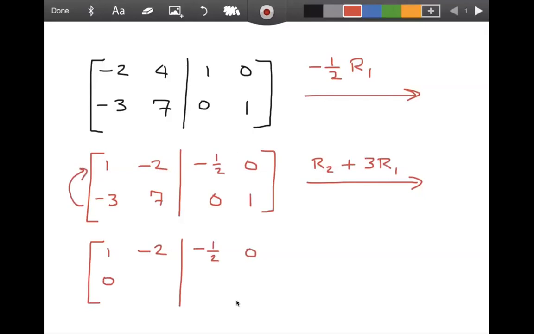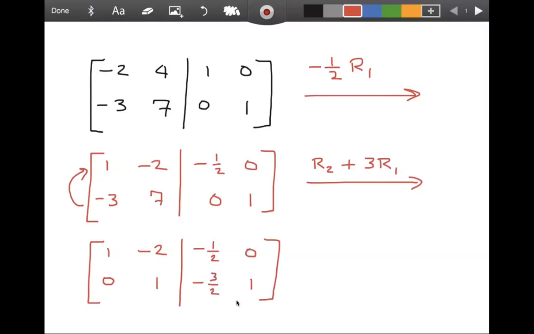7 plus 3 times -2 is 1. 0 plus 3 times -1/2 is -3/2. 1 plus 3 times 0 is 1. All right, so at this point, we're almost done.